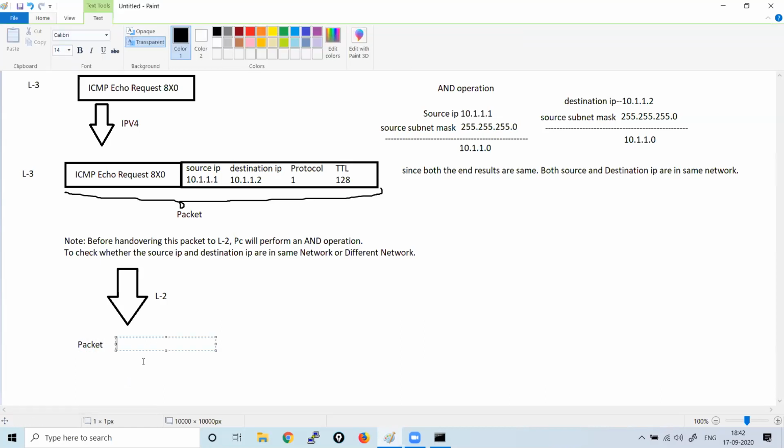Frame header. MAC addresses. Correct. Actual communication happens, so we need MAC addresses. What is our source MAC? I have written it as 0B, 0B for simplicity. Fine. Now, what is our destination MAC?